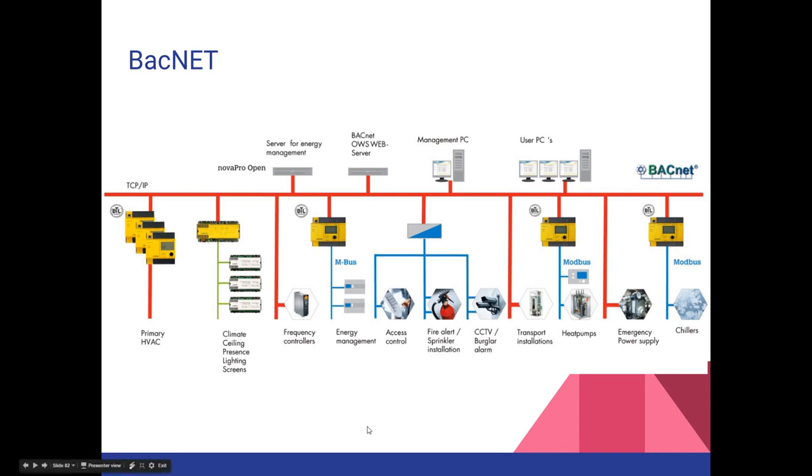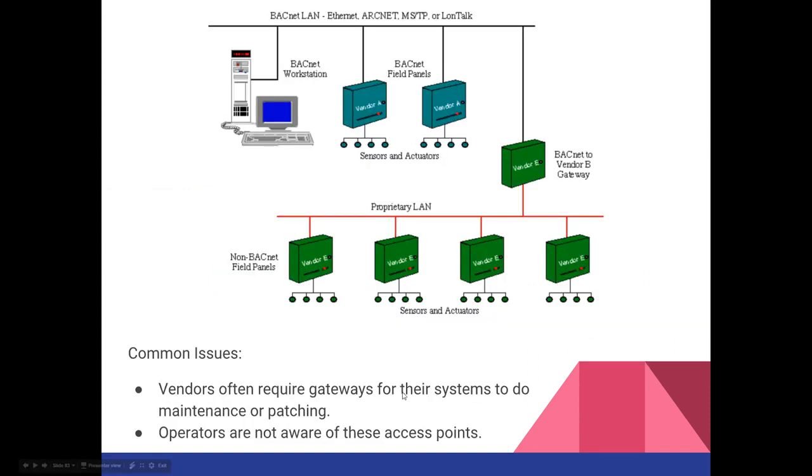Causing effects past that requires domain-specific knowledge for the individual target, and that level of discussion is outside the scope of this class. But in general, anyone who has access to a BACnet network can at least deny the entire network very easily.